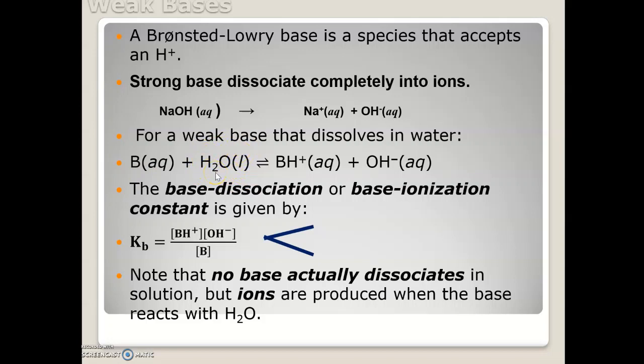And since this expression is specifically for the base dissociation process, we don't write it as Kc, but we write it as Kb, the base dissociation constant, equal to this multiplied with this over this. So Kb is the base dissociation constant, just as Ka is the acid dissociation constant.